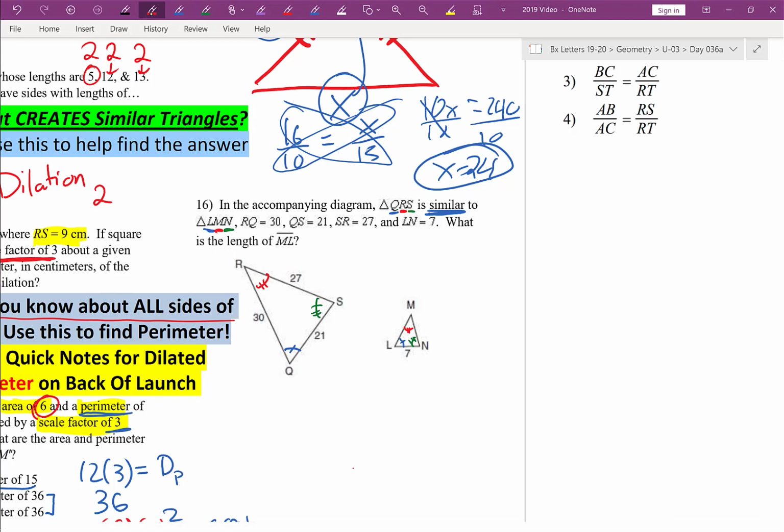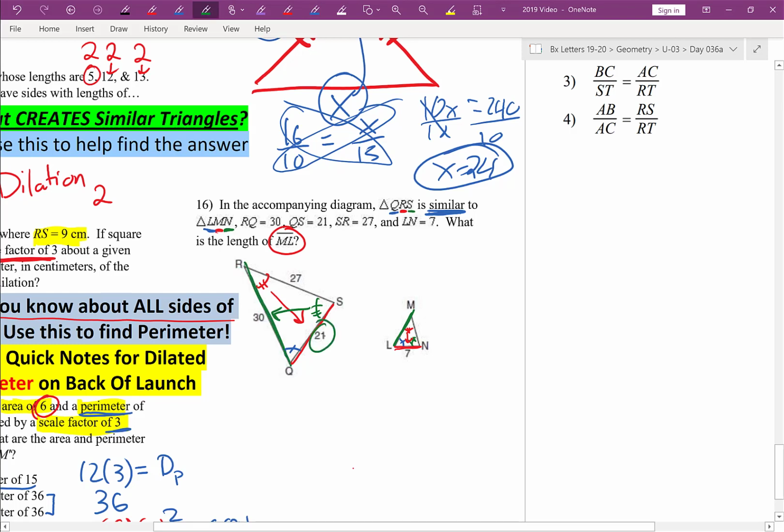You can see that this side opposite that red angle is going to match that 7. And then they want ML. They want this side, the one opposite the green angle. So we need to use that 30.